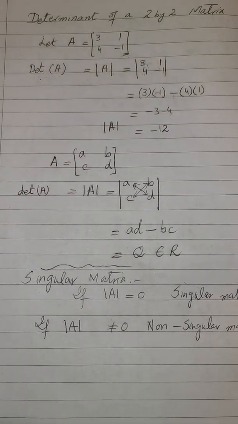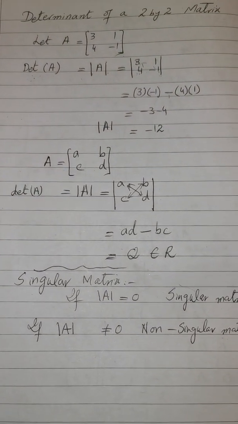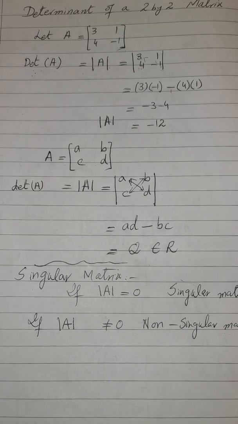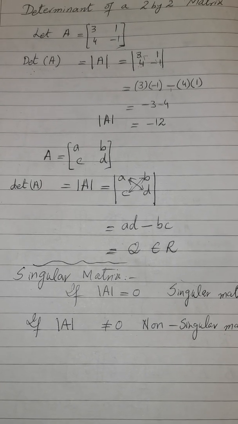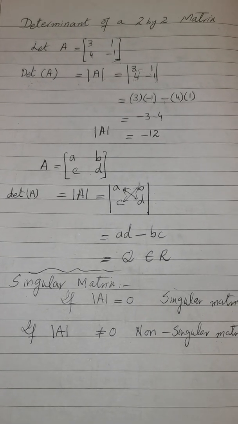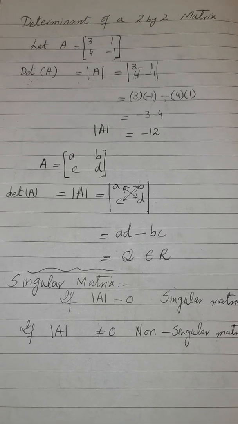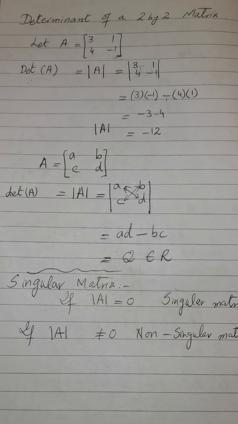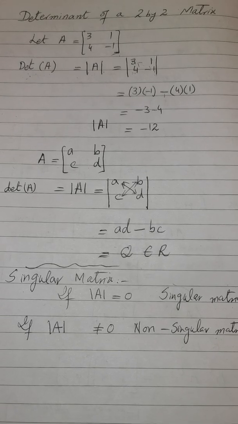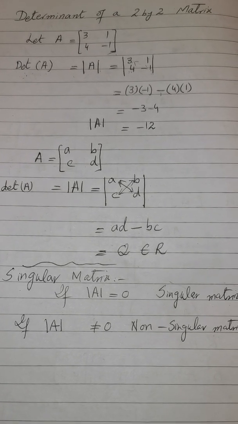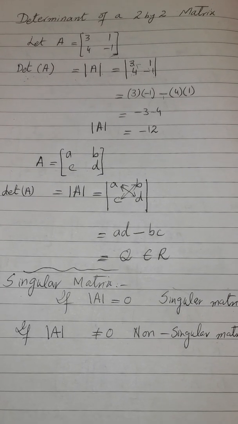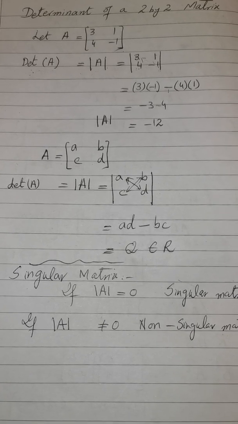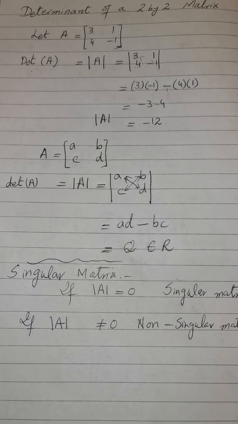So if we need to find the inverse of a given matrix, we should know whether the matrix is singular or non-singular. To find out the singularity or non-singularity of a matrix, you have to find the determinant of that matrix. First of all, you will take the determinant.